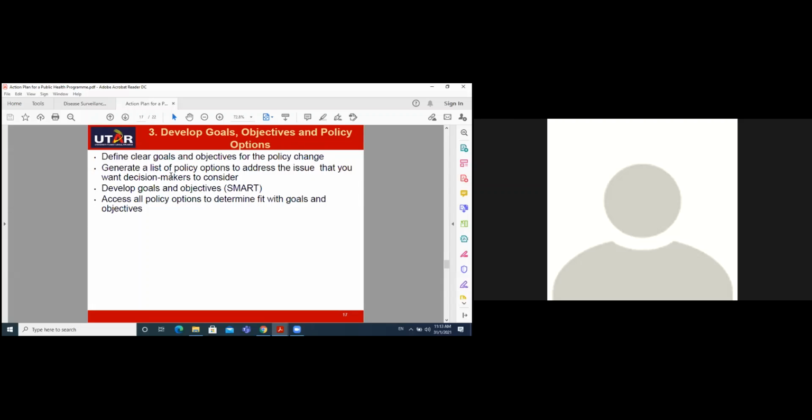The third one is to develop the goals, objectives, and the other policy options towards the specific diseases.